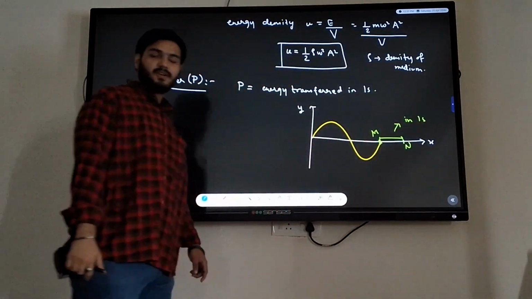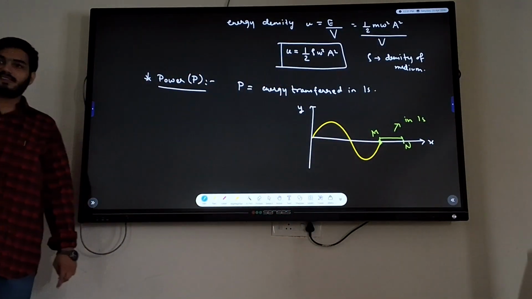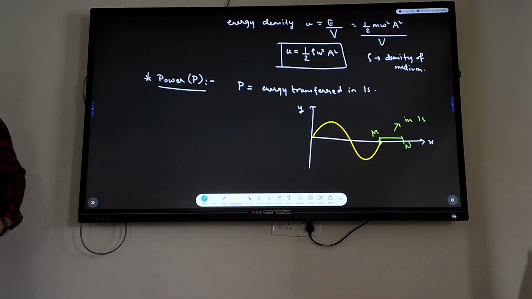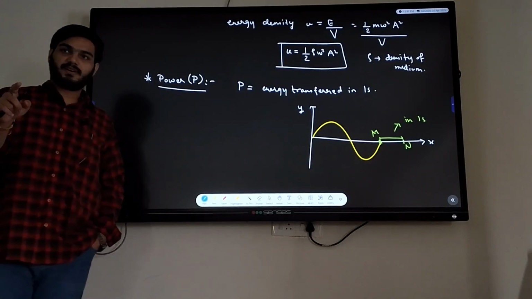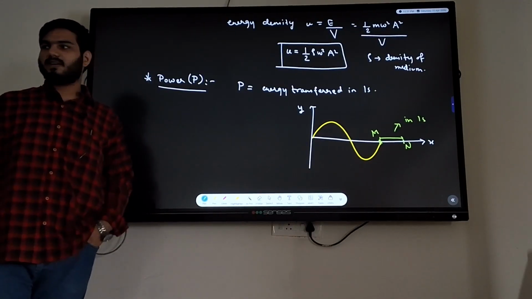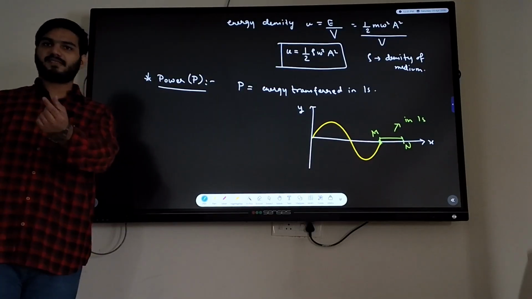Let's say the speed of the wave is v. Then what is the distance mn? Speed equals distance over time, so distance equals speed into time. In 1 second you travel v distance.